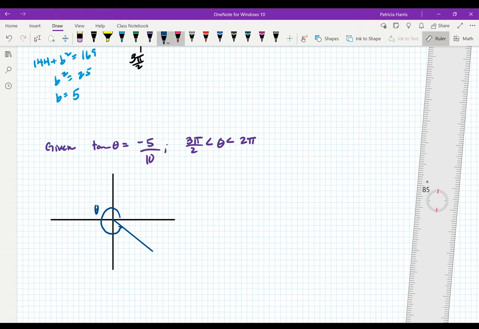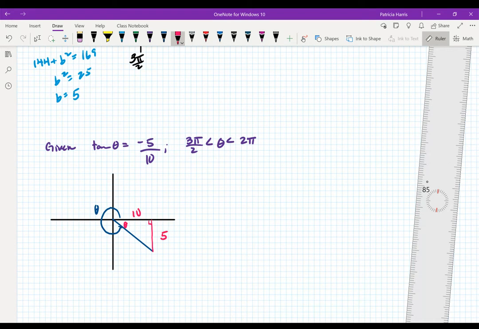I'm going to draw my triangle. Okay, there's my theta reference. Okay, so tangent I know is opposite over the adjacent side. So the 5 would be here, the 10 would be here.